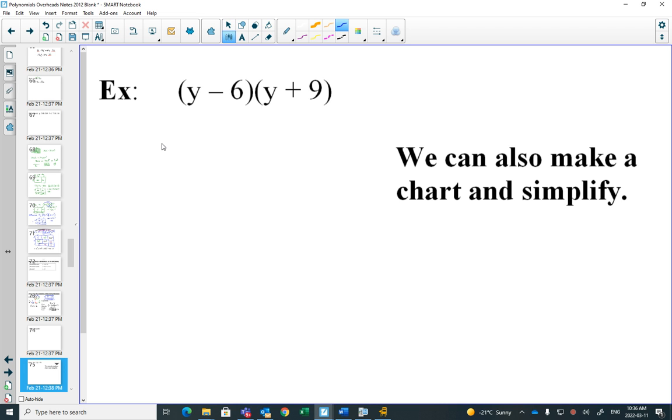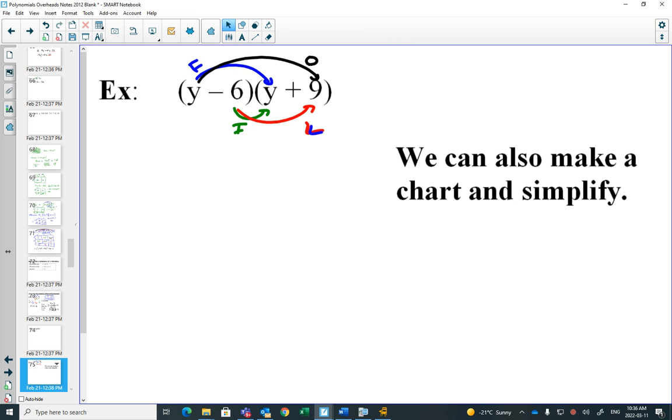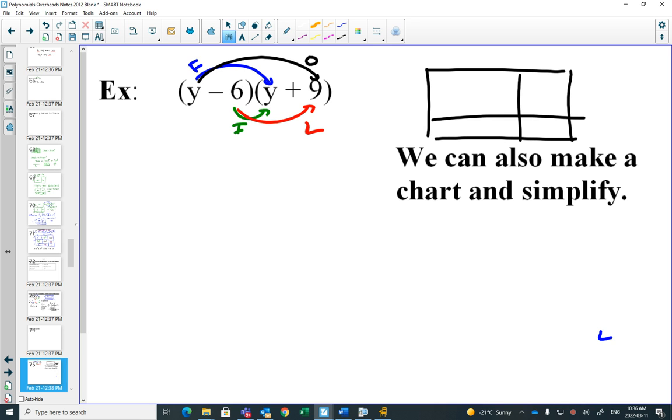You make a little chart. Yes. No, you don't need the plus sign.